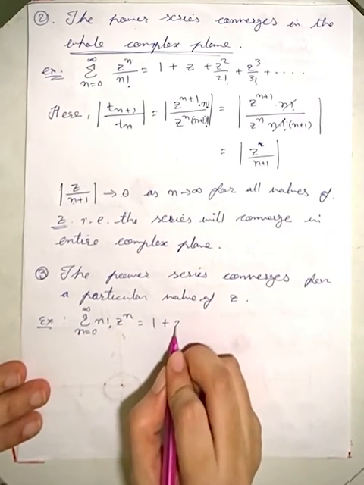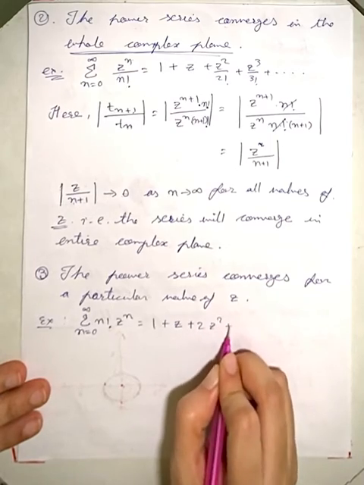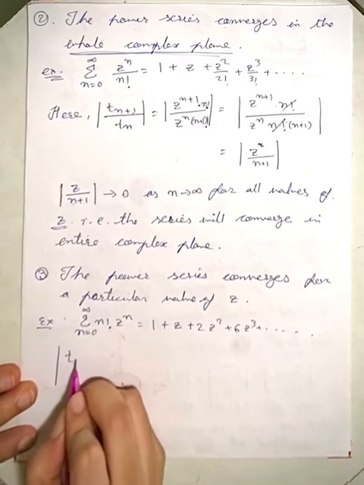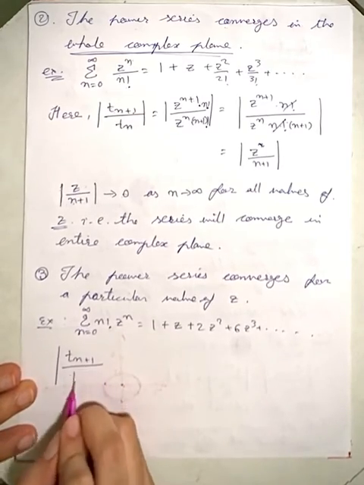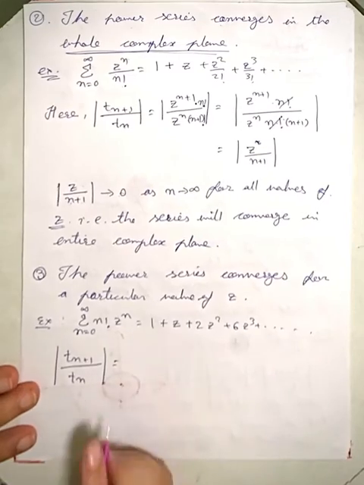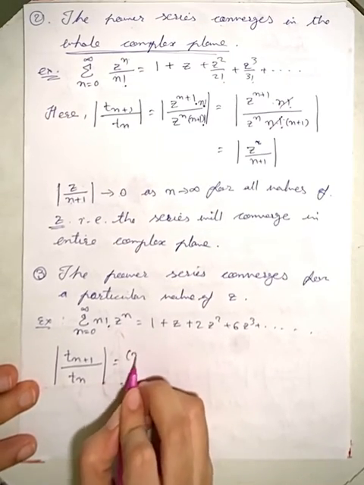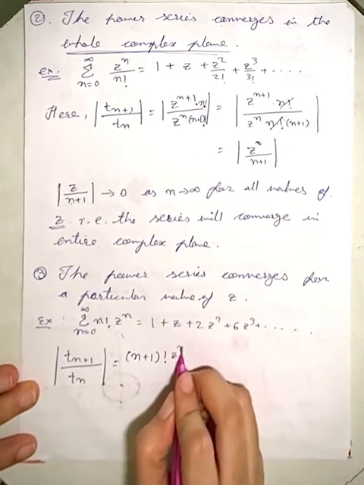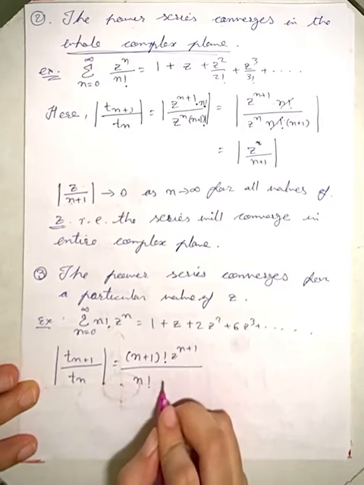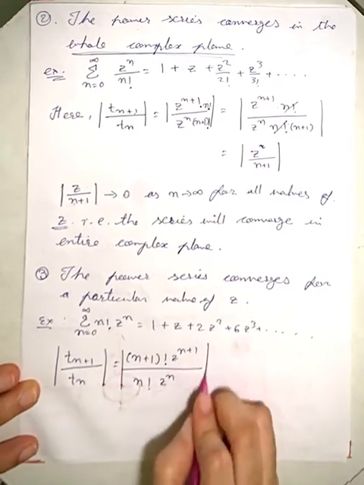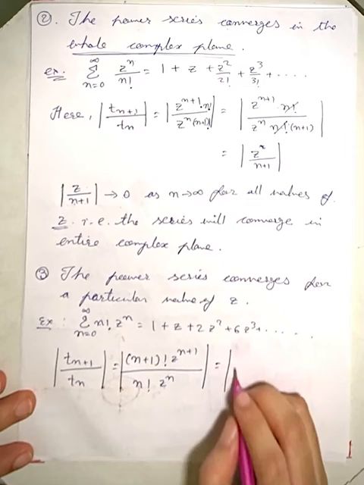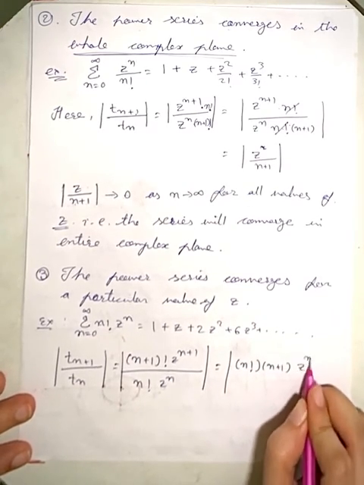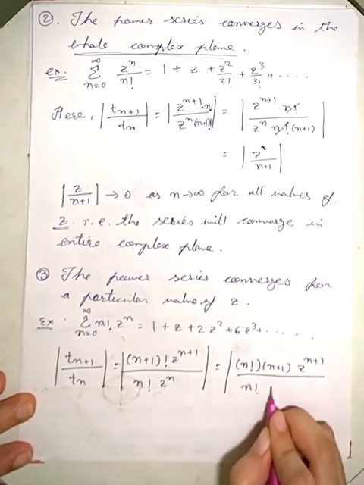If you expand, we will have something like this, and again we do the test, tn plus 1th term upon tnth term. The n plus 1th term will be n plus 1 factorial into z to the n plus 1 divided by n factorial into z to the n. Now n plus 1 factorial can be written as n factorial into n plus 1, into z to the n plus 1 upon n factorial into z to the n.